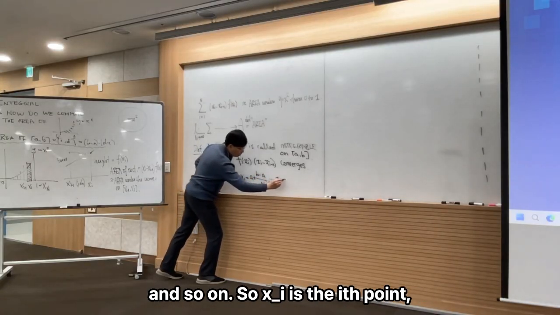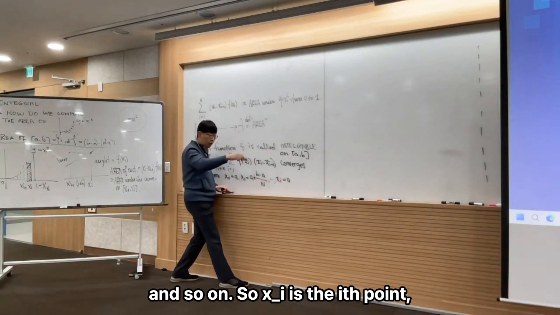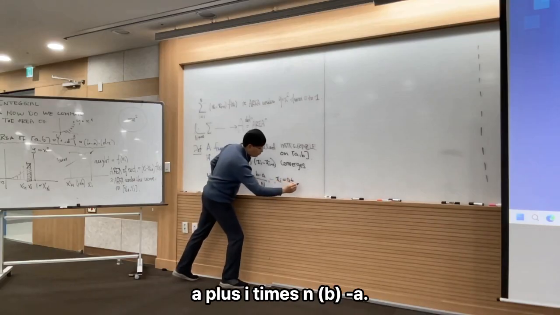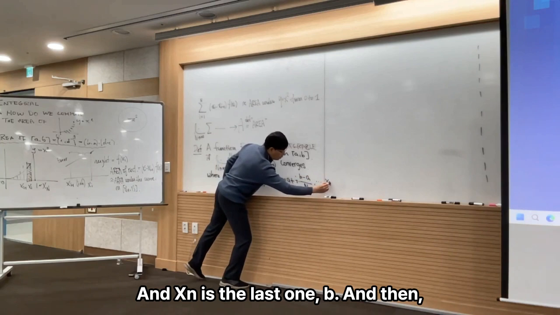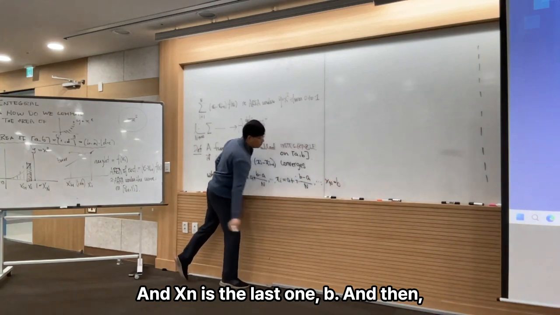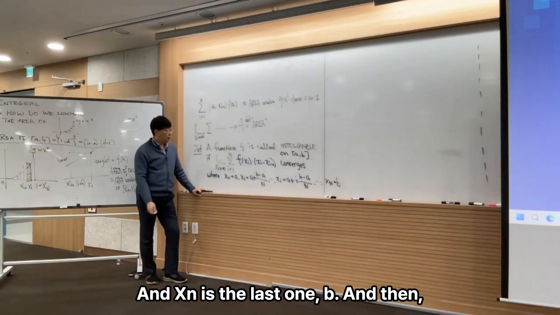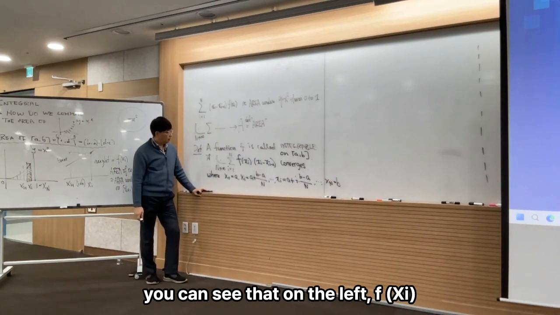So xi is the ith point, a plus i times (b minus a)/n, and xn is the last one, b.